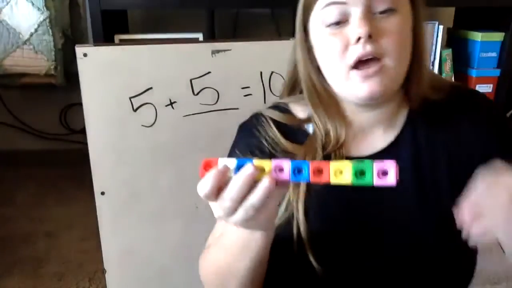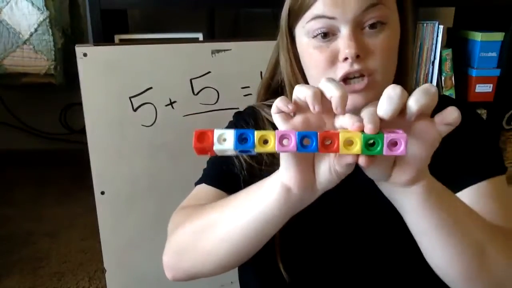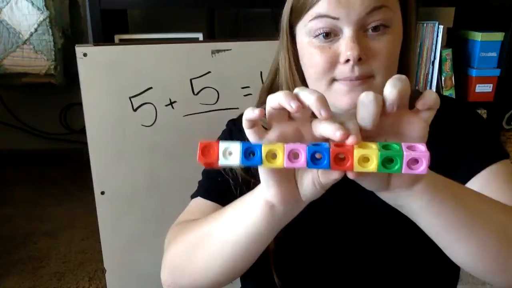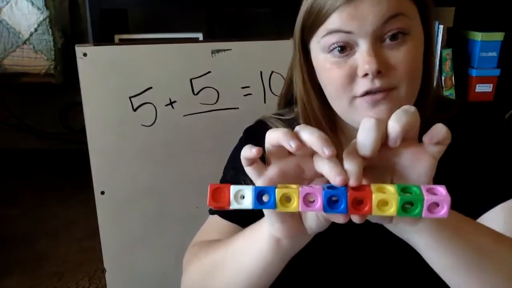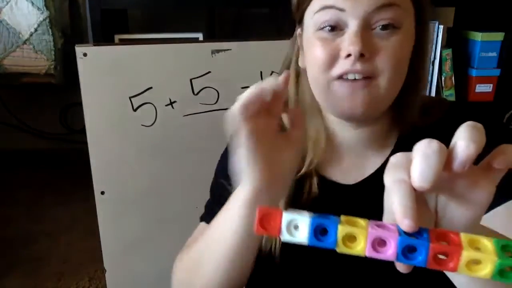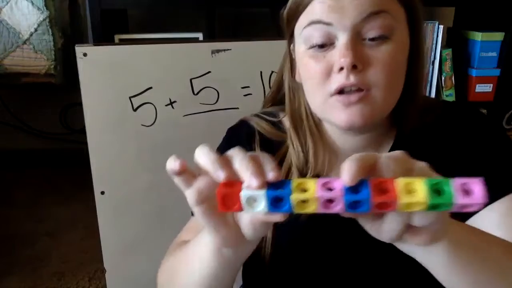Remember, we took away 1 and made 1 plus 9, we took away 2 and made 2 plus 8, we took away 3 and made 3 plus 7, we took away 4 and made 4 plus 6, and we took away 5 and made 5 plus 5. And if you kept going, it would still work, right?